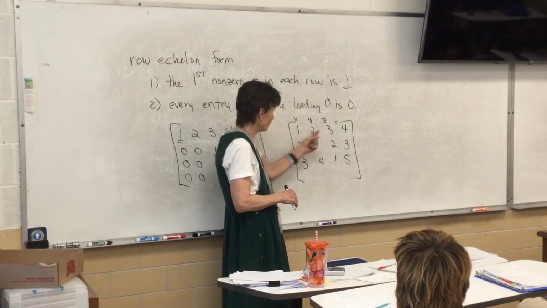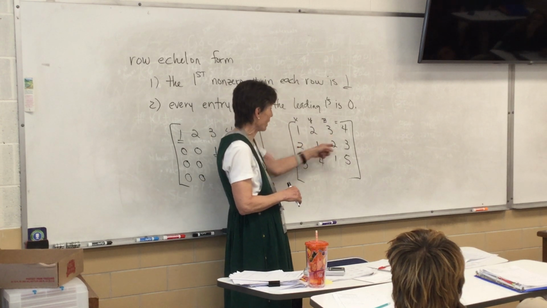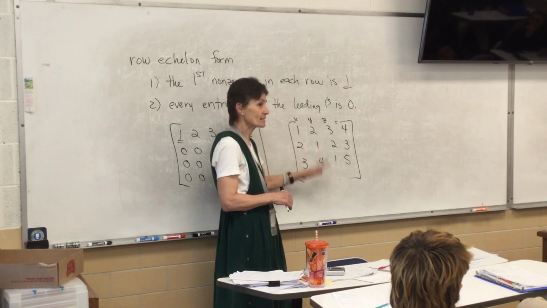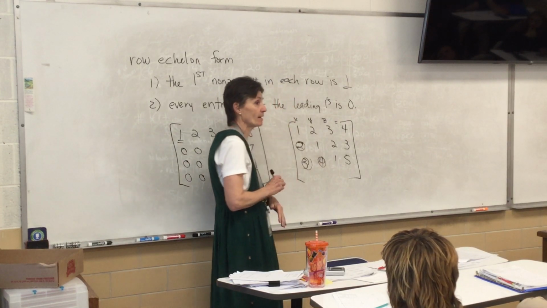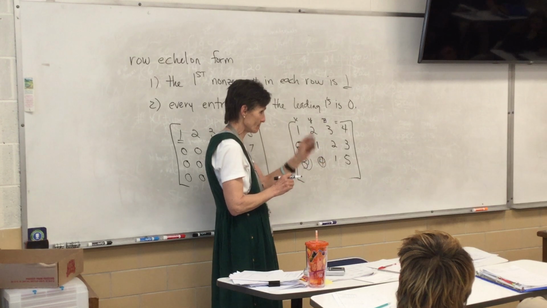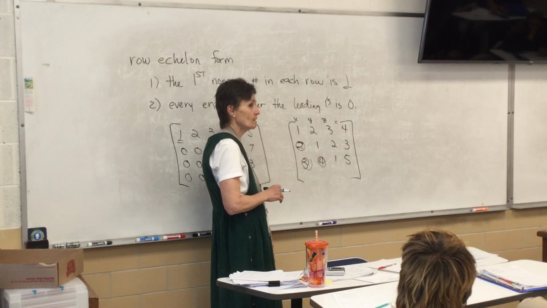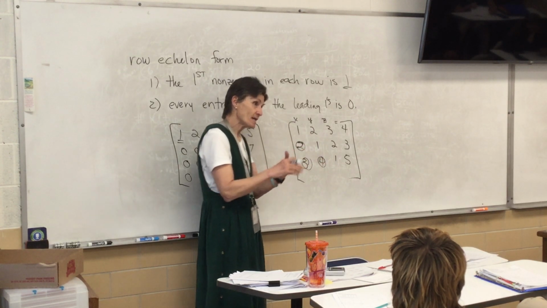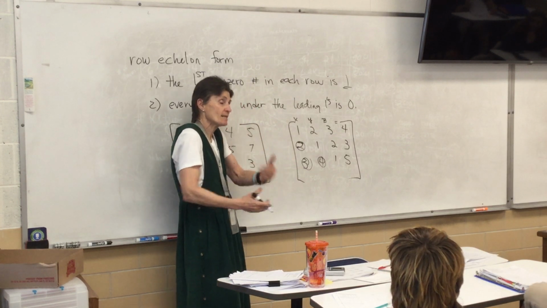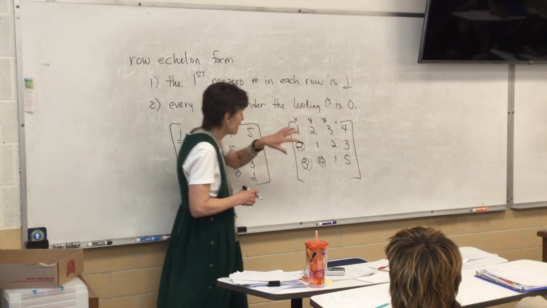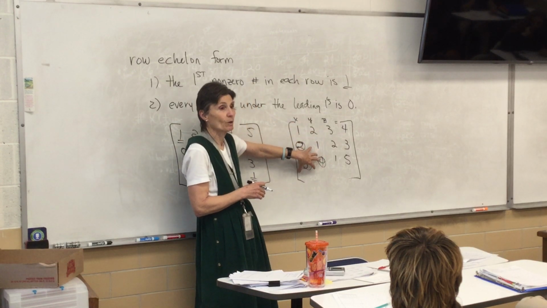This is x, 2y, 3z equals 4, 2x, y, 2z equals 3. You can't solve that. But when you get those 1s and 0s in there, it becomes easy to solve. So Gaussian elimination is the process we do to make the matrix look like that, row echelon form.